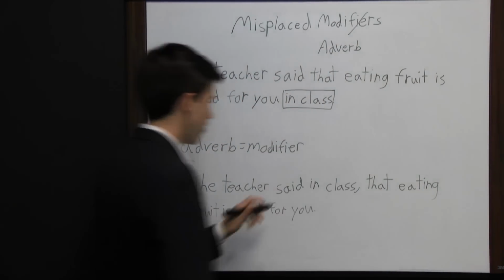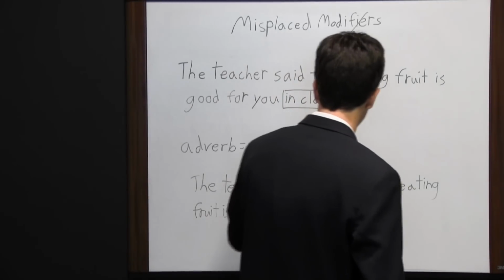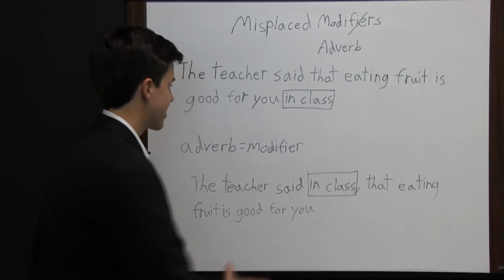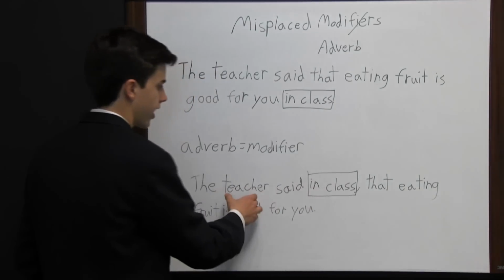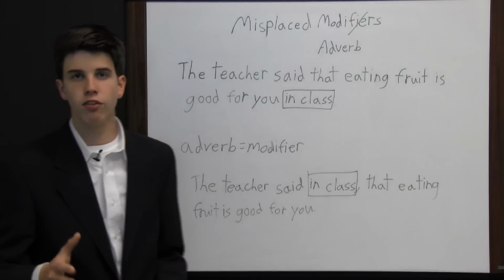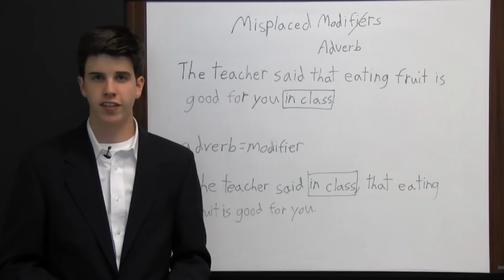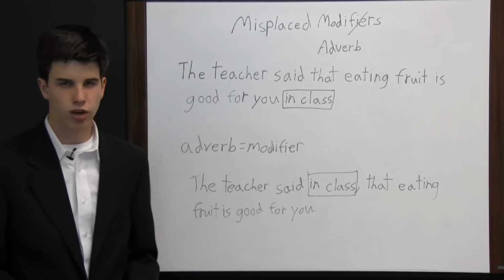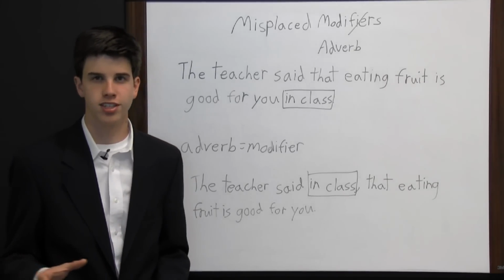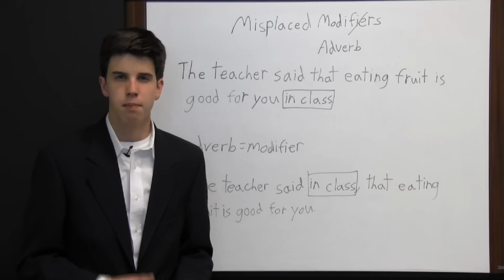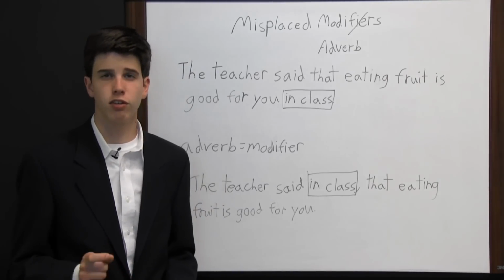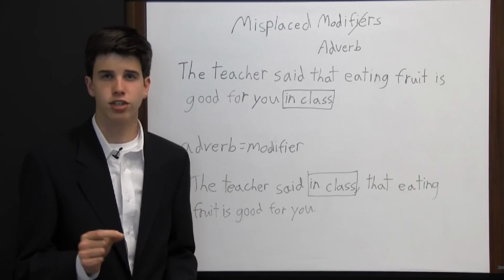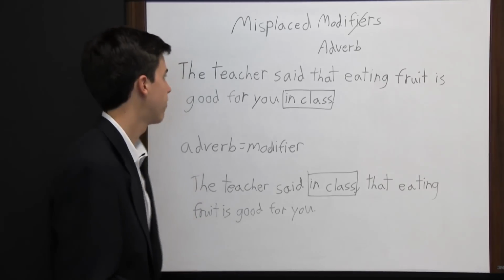So in this case, in class is still the adverb, still the adverbial phrase, but since it's closer to what it's modifying, it makes more sense. So whenever you are writing, make sure that you put the adverb or the adverb clause or the adverbial phrase, whatever word or group of words that's modifying something in a sentence, very close to what it is modifying. Make sure the modifier is close to the modified.